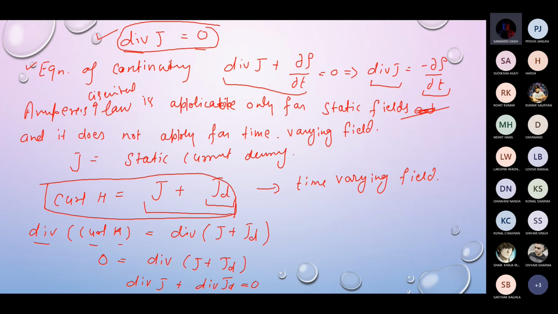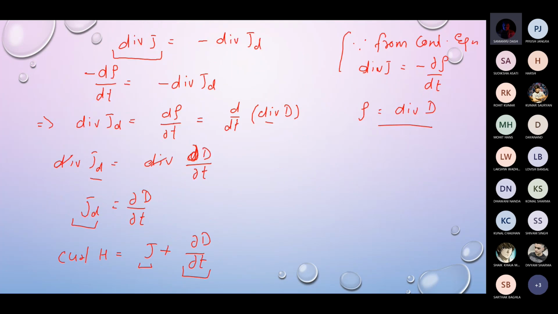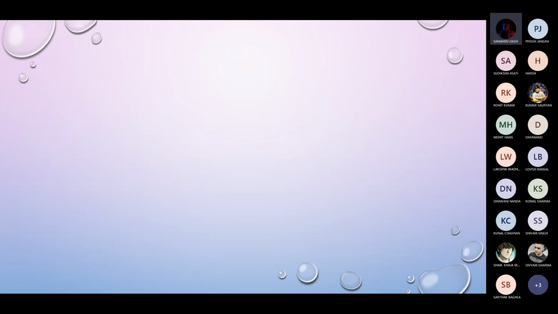Then we talked about the displacement current. What is the displacement current and what is its significance?